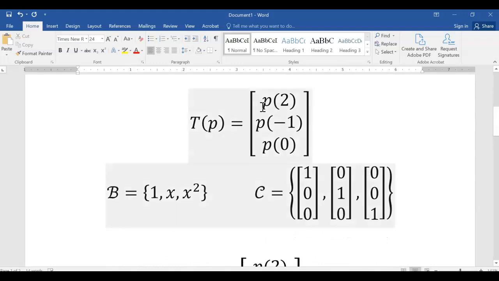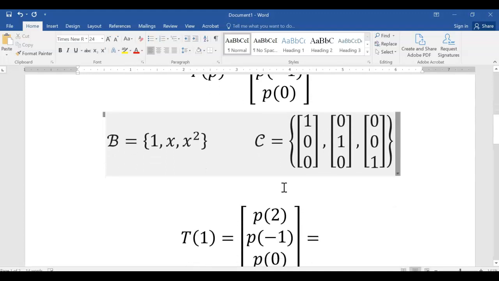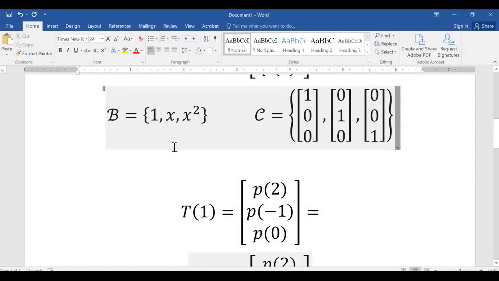Now, let's start here. So we're taking our basis, 1, x, x squared, and we're sending it to something that is going to be written with respect to the standard basis. Standard basis, remember we call these E1, E2, and E3. So let's start with 1.